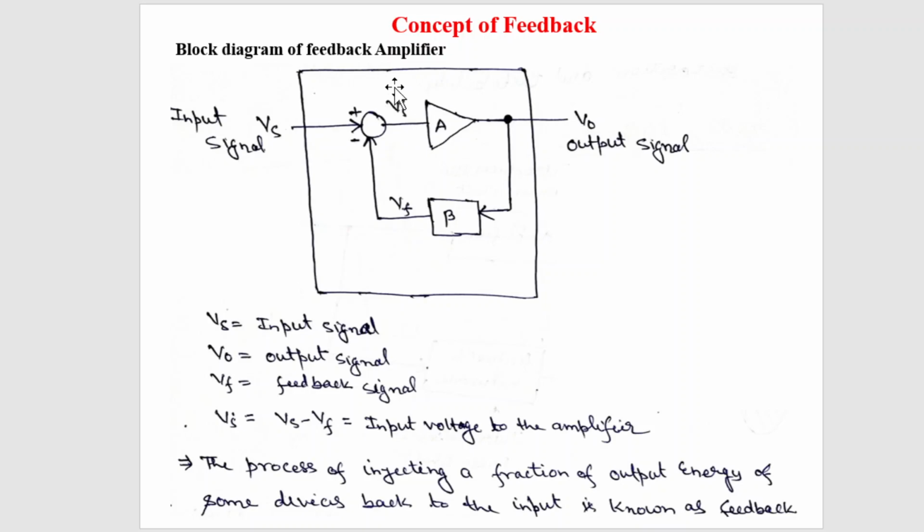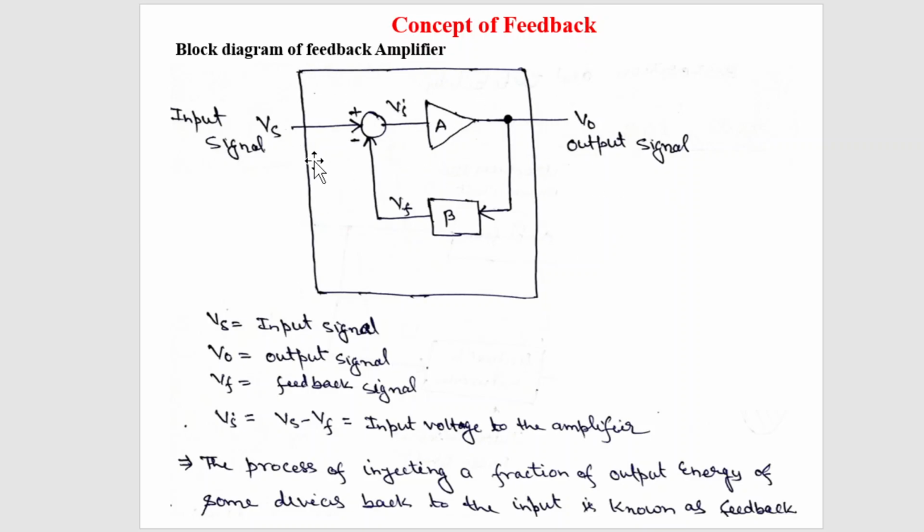This process of injecting a fraction of output energy, which may be voltage or current, back to the input is known as feedback. That is the basic concept of feedback. Feedback is basically of two types: positive feedback and negative feedback.